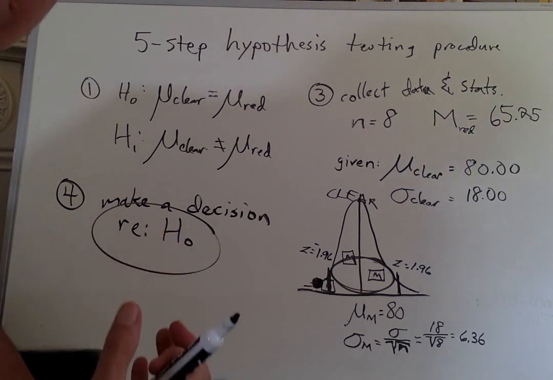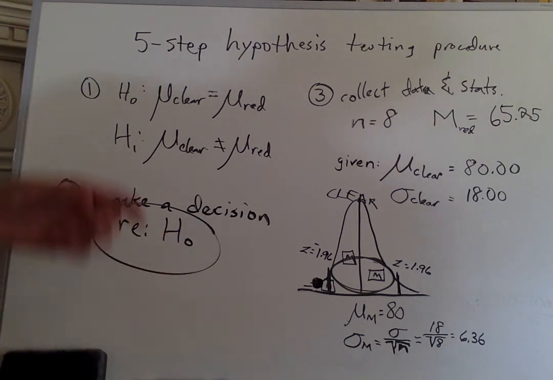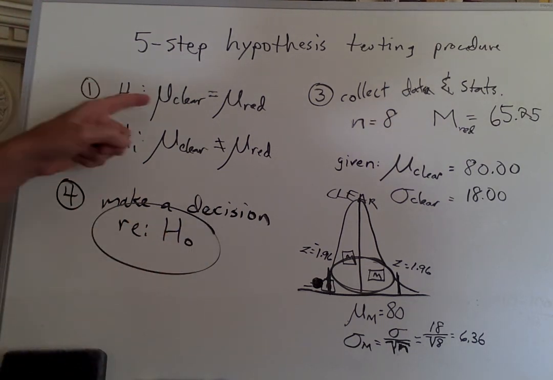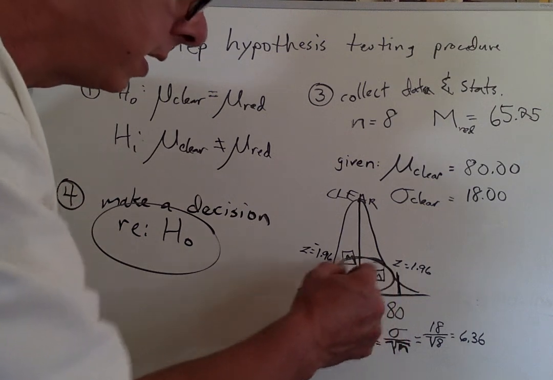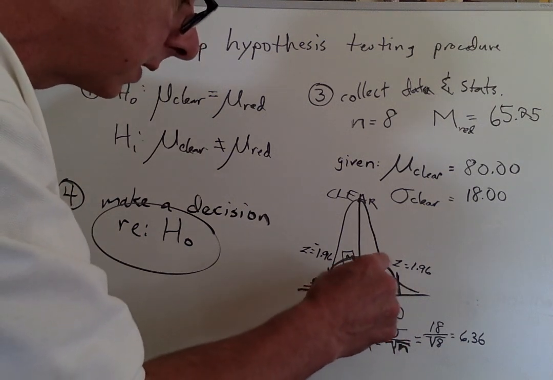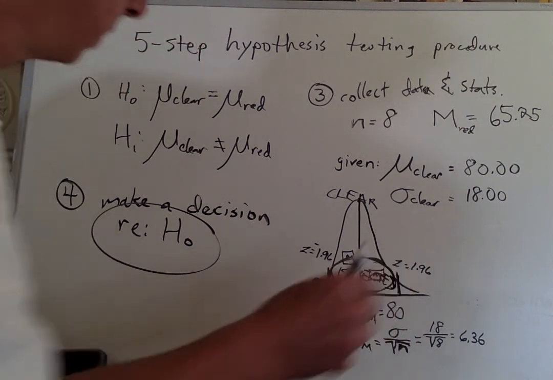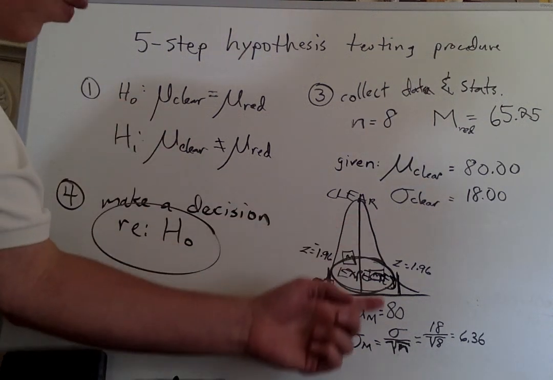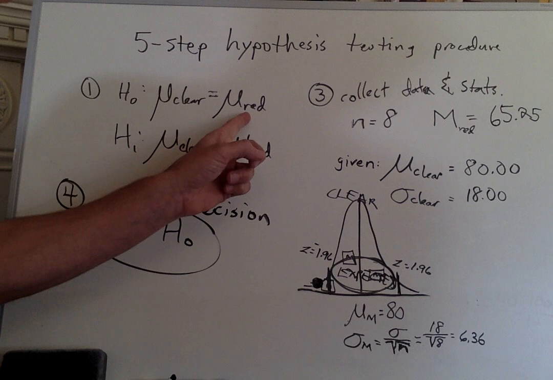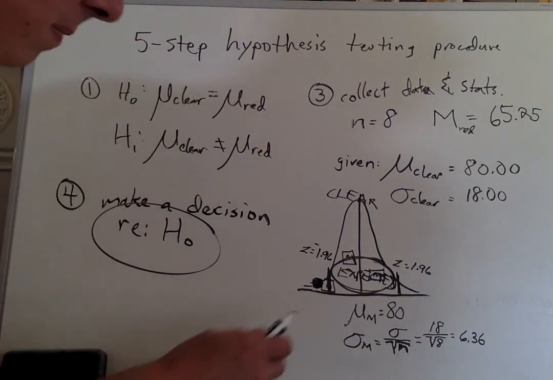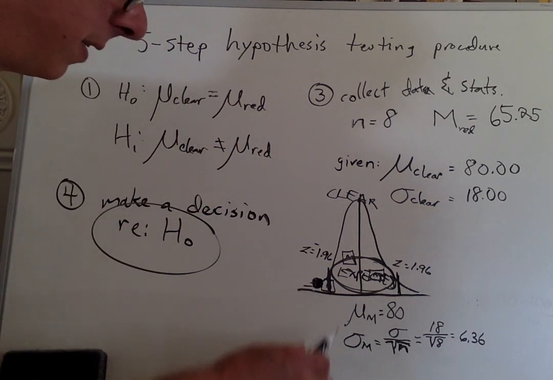So let's go back to the two hypotheses. If this is the case, then I would expect to see the red food coloring group in here, right? This is still what's expected. If this is the case, this is where I would place my bet for the red. But my red group is out here.